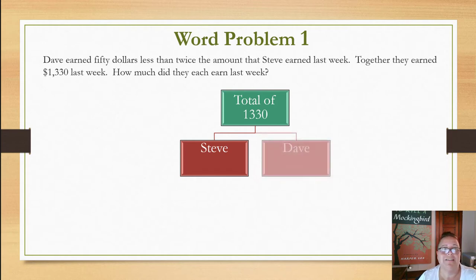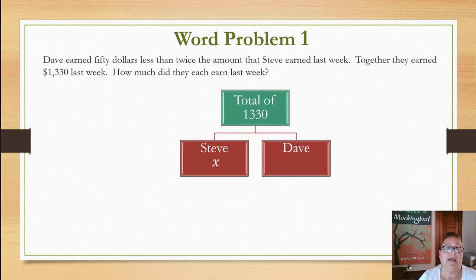Now, I started with Steve because Dave earned $50 less than twice the amount that Steve earned. So Dave's amount is a relationship to Steve's. Since Steve is who we're basing Dave's amount on, I'm going to call Steve X. I don't know how much Steve made, but whatever amount Steve made, Dave earns $50 less than twice that amount.